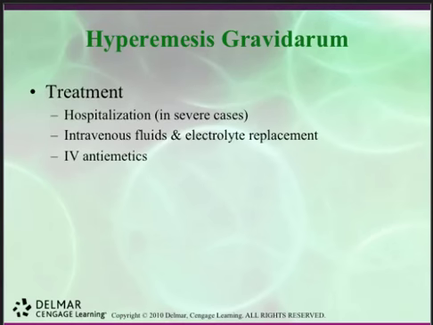The treatments include hospitalization in severe cases, IV fluids and electrolyte replacement, and IV antiemetics. The condition can be treated in a hospital, but is more often treated by home nursing services. Severe vomiting can cause complications, including rupture and bleeding of the liver and the retina of the eye. The condition usually subsides into the second trimester.